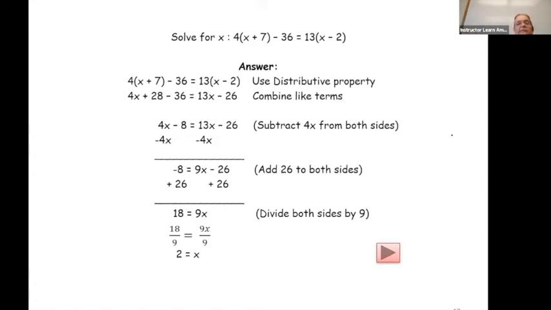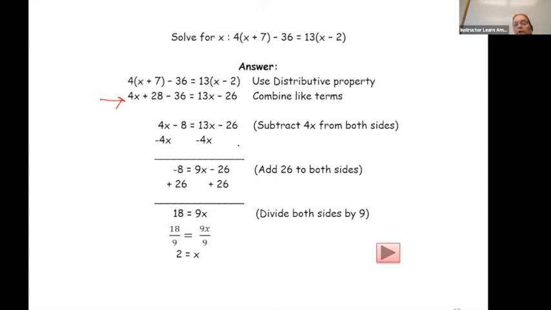Okay, there we have the result of the distribution. Now we have to combine like terms. The plus 28 and the minus 36 gives us the negative 8. So we now have 4x minus 8 equals 13x minus 26.